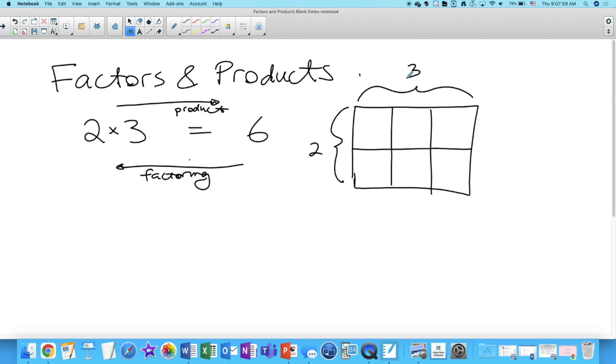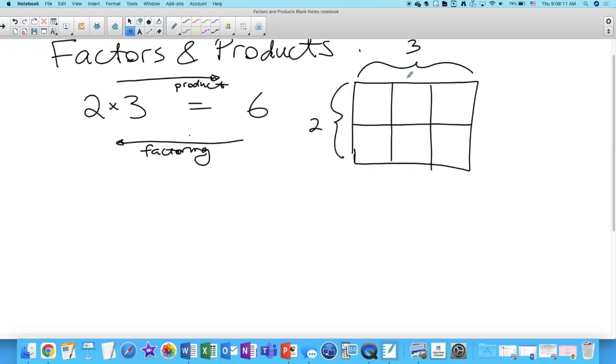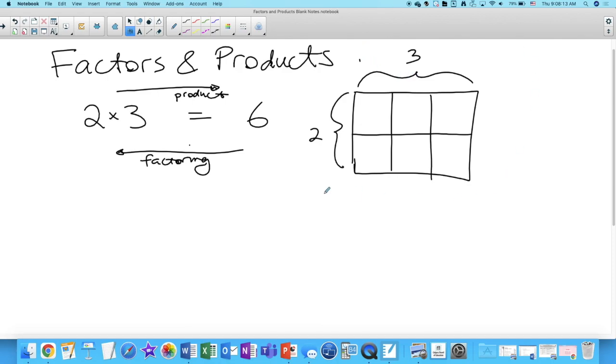We are going to be using similar models when we look at factoring and expanding algebraic expressions. This is a pretty simple one, but you can also use this area model for more challenging multiplications.